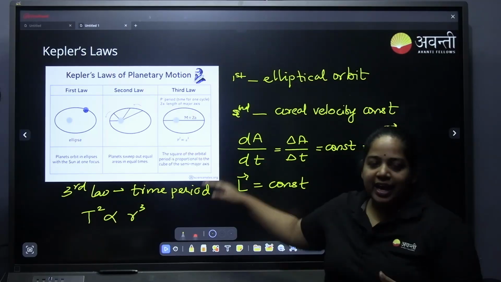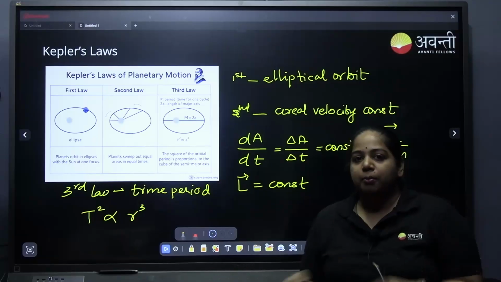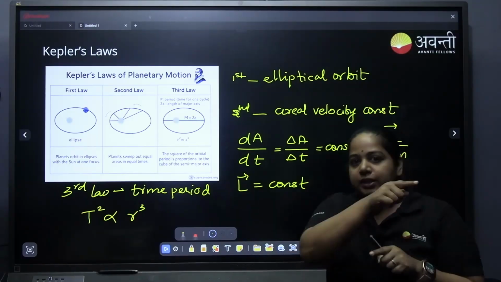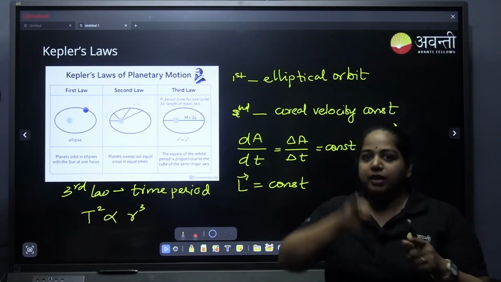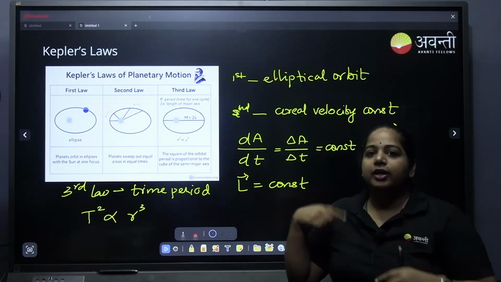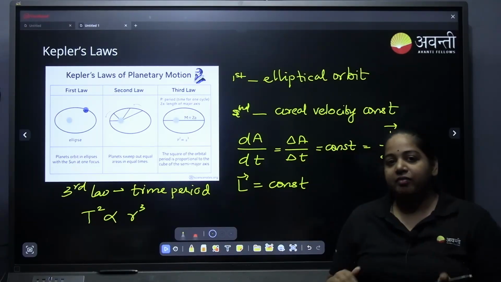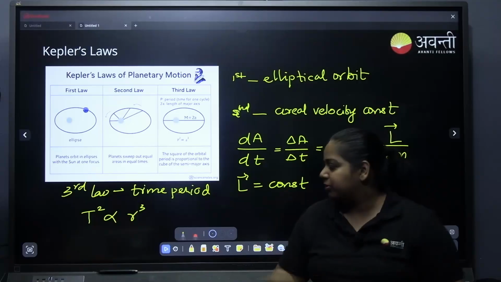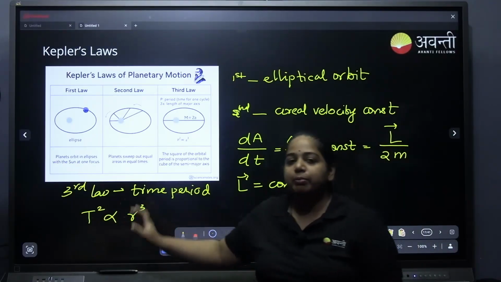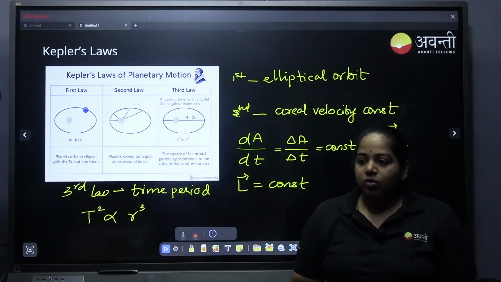They have explained it in a different way, like the cube of the semi major axis, but that is if it is a complete ellipse, there is a major axis and minor axis. So say half the major axis is there, cube that, you will get time period square. But when we are applying for entrance problems, you can use it like this: T square proportional to r cube. R is the radius of rotation.